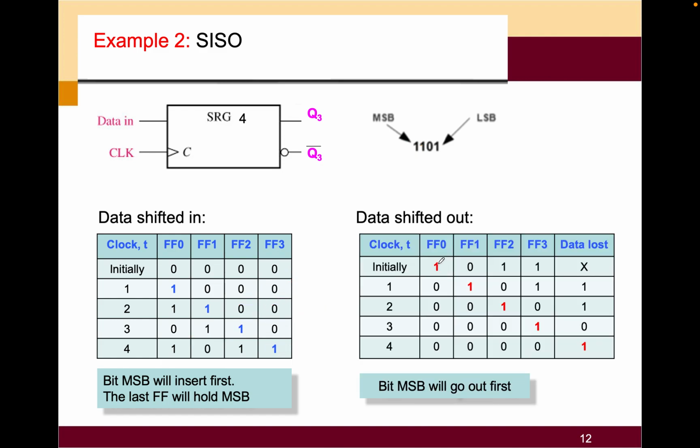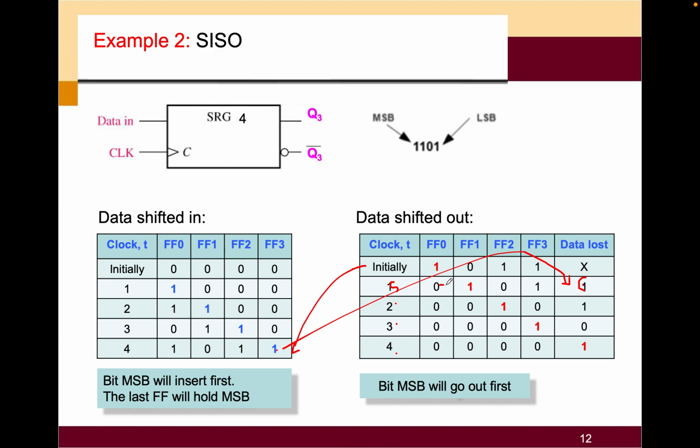So first, this is the initial from this part. And then another clocks, which is supposedly clock 5, 6, 7, 8. It's going to come out one by one. So for this, it's going to come out this, isn't it? So this will go here, your data is shifted out.